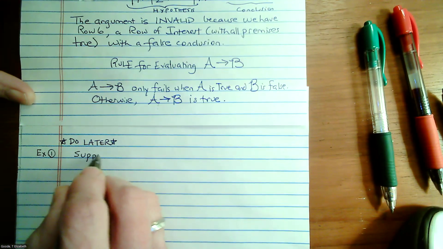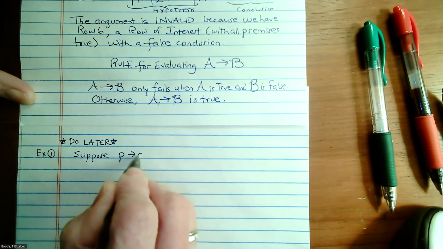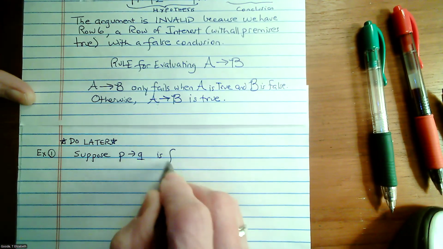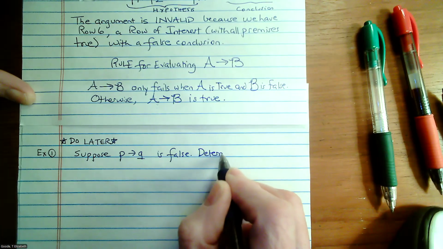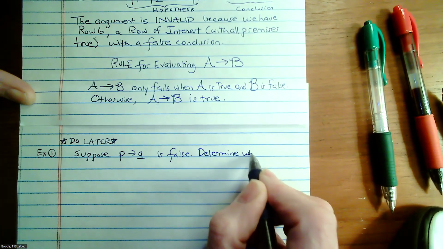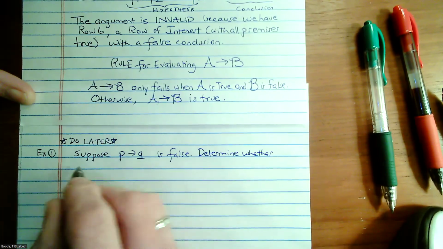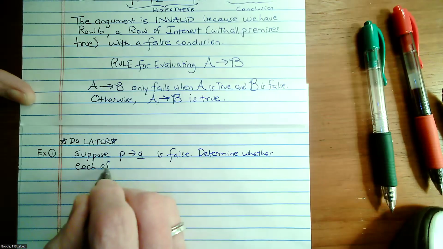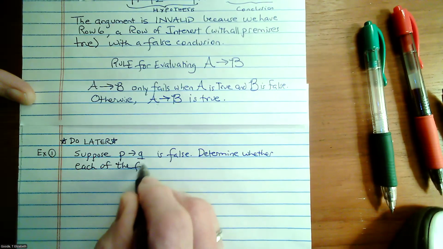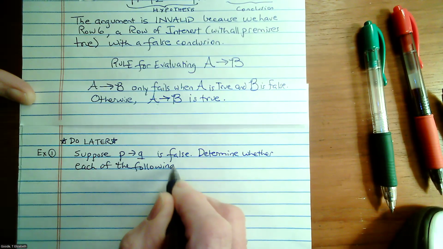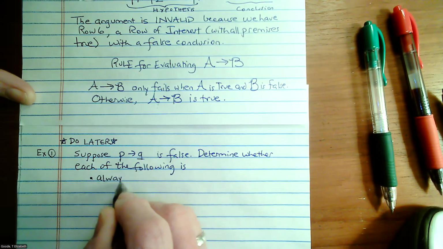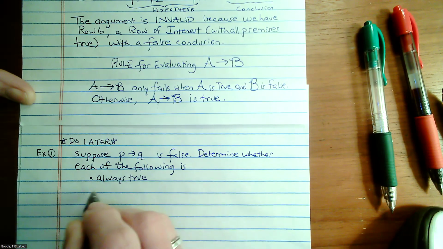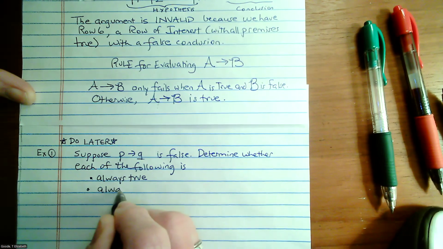Suppose if P then Q is false, determine whether each of the following is always true, always false.